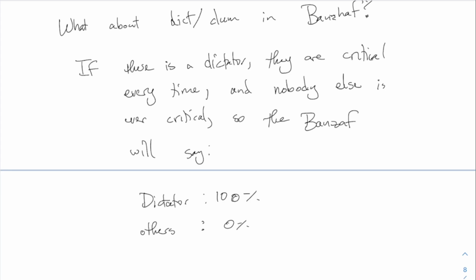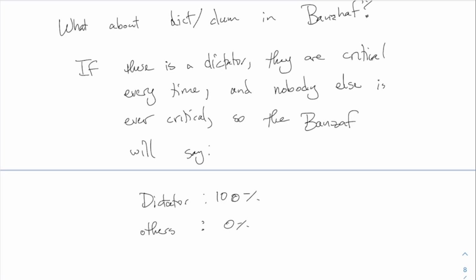And nobody else is ever critical, is what that says. Sorry about that. If there is a dictator, they're going to be critical every time, and because it's a dictator, nobody else can ever be critical. And so the Banzhaf will end up being that: the dictator gets 100%, all others get 0%.